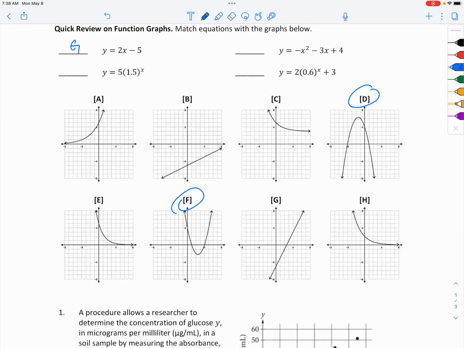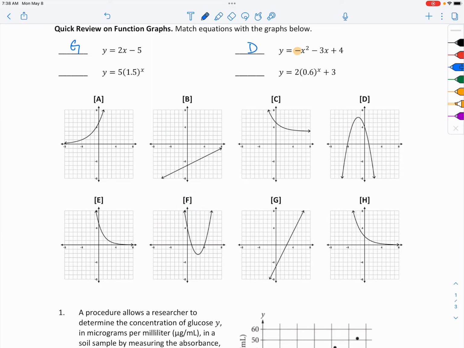It has to be D because the A value, the number in front of x squared, is negative, so it has to be opening down. That makes choice D the most obvious choice.